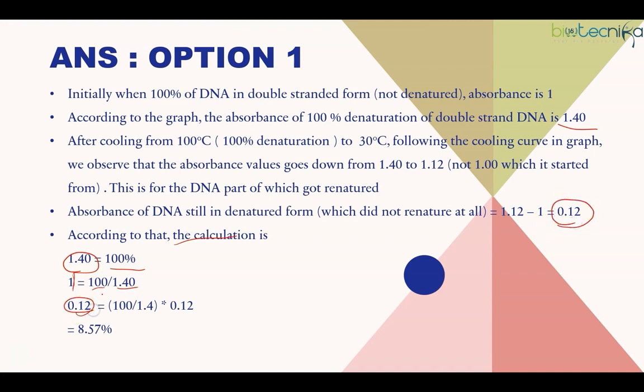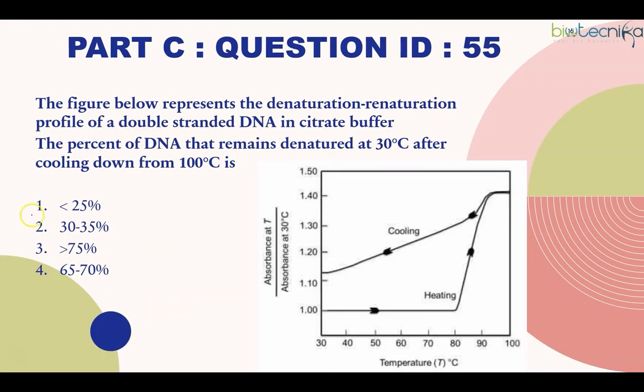So that will be 100 by 1.4 into 0.12, which gives 8.9%. And 8.9% is less than 25%. That's why option 1 is the right answer. Tricky question. If you observe the graph properly and note down the difference part which is still in the denatured form, then only you can get it correctly.